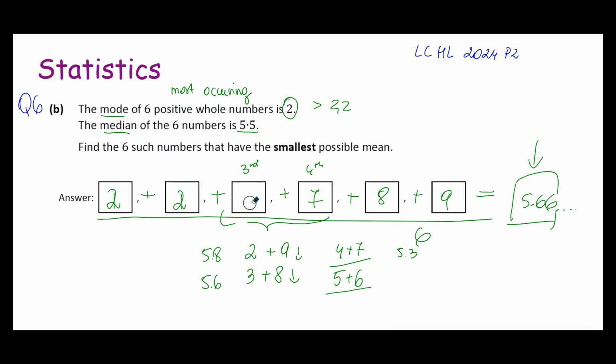So how about my last option? The numbers here will be 5 and 6 and 7 and 8, and again in the calculator, here we get the mean of 5. So those numbers fulfill all the conditions that we have here. But look, that's what I'm saying.